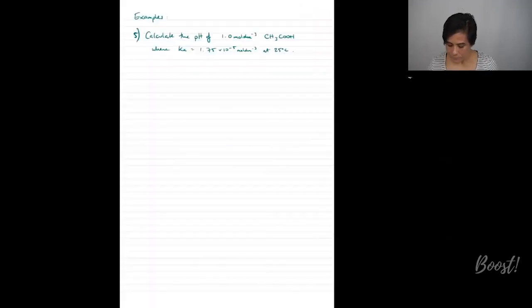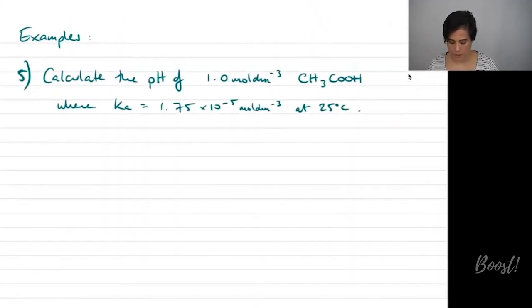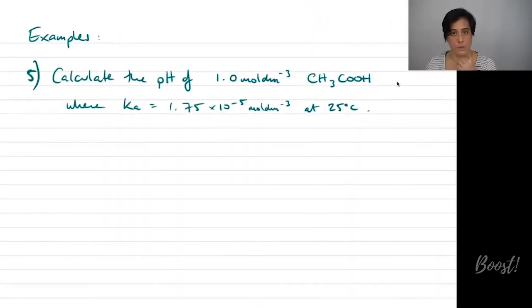So have a go if you're watching the replay of this. Have a go at this question for yourself. Press pause while you're having a go, and then I'll go through it for you in a second. So calculate the pH of 1 mole per decimeter cubed ethanoic acid, where Ka equals 1.75 times 10 to the minus 5 at 25 degrees centigrade.